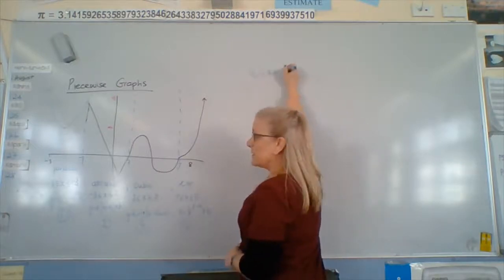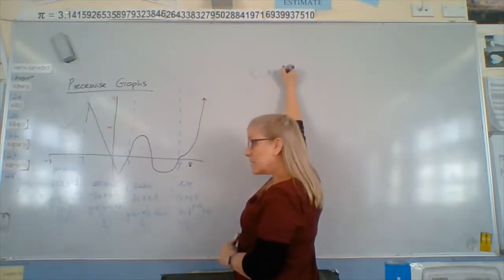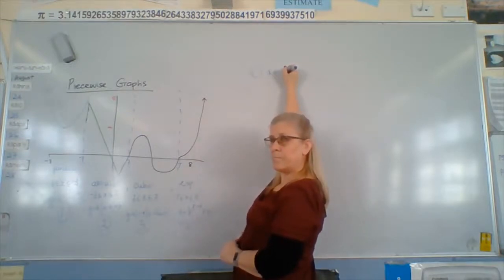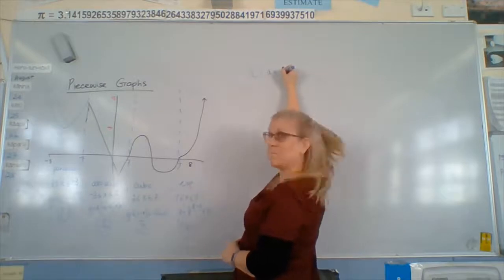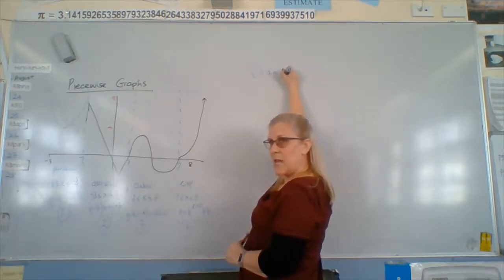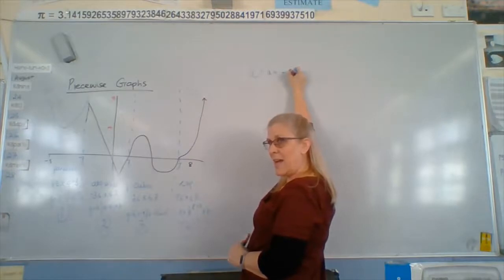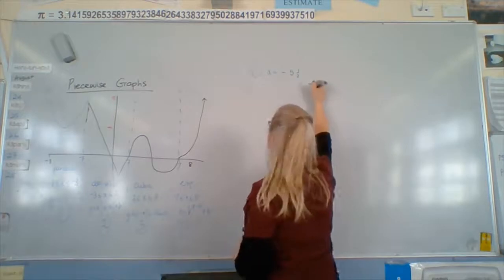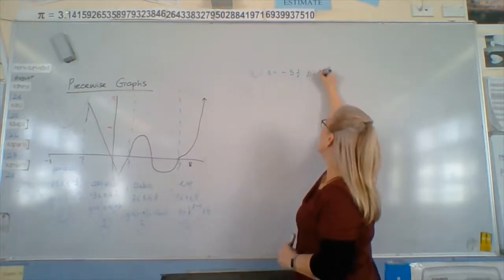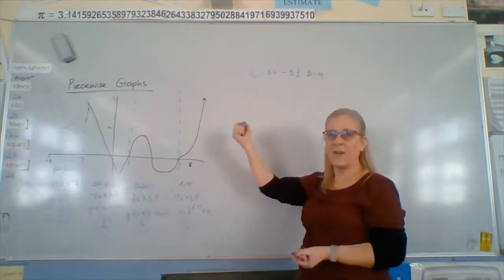A equals? What's A? Good, -5.5. Well done, guys. And B? 4. 4. And K is what we have to find.